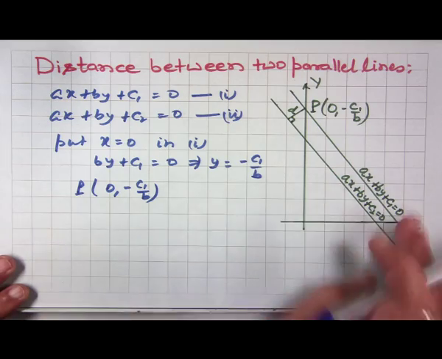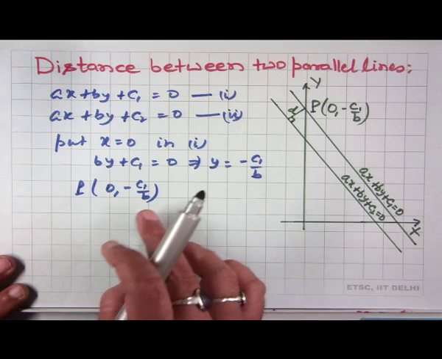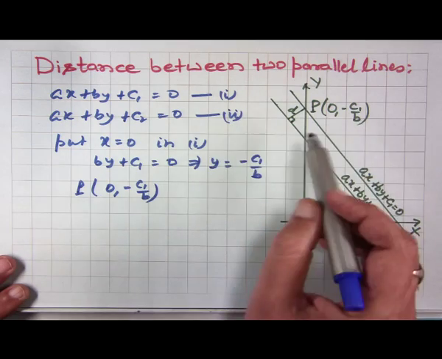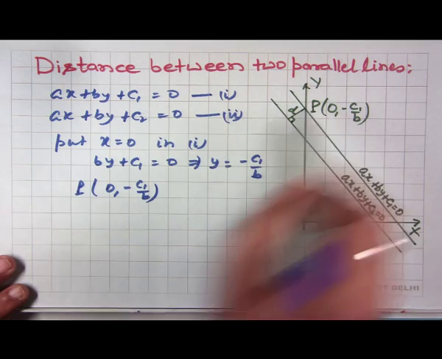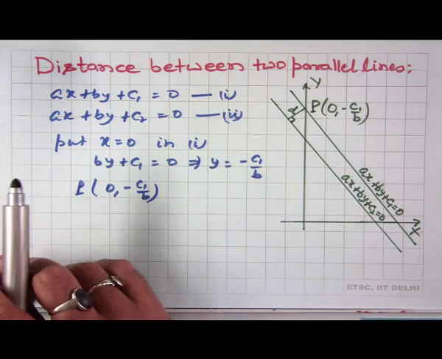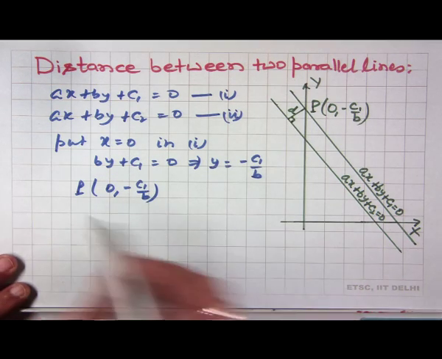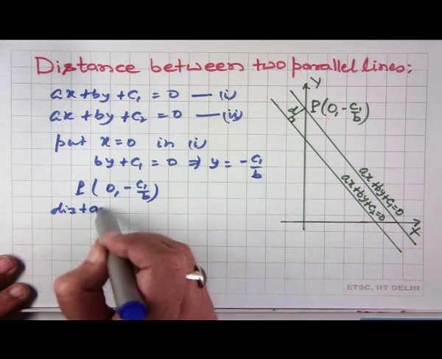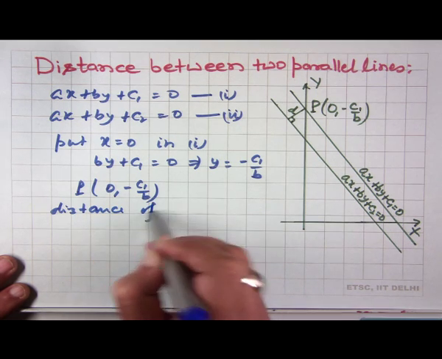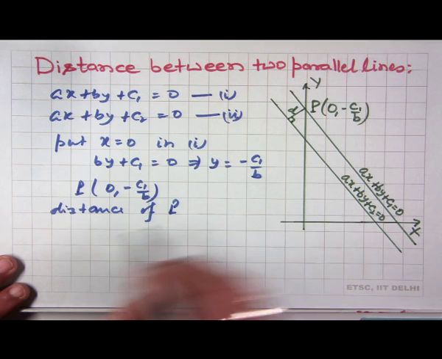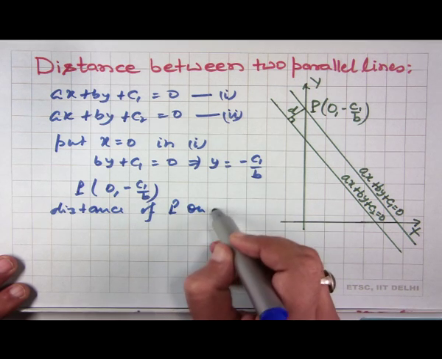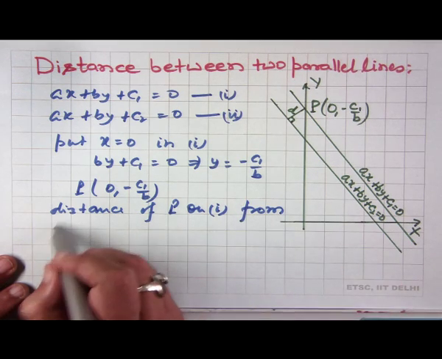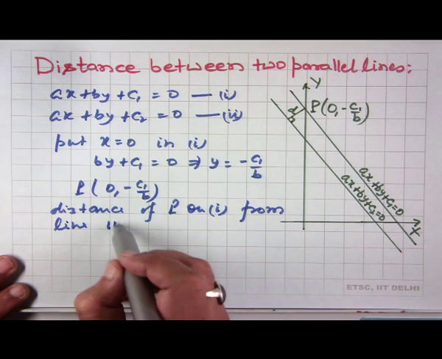It means this line intersects the y-axis at this point. Now, find the distance of this point P on line 1 from line 2.